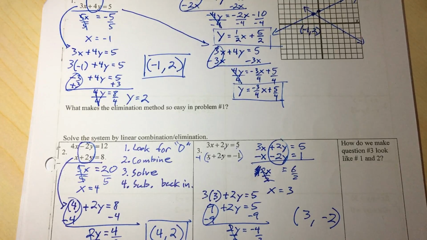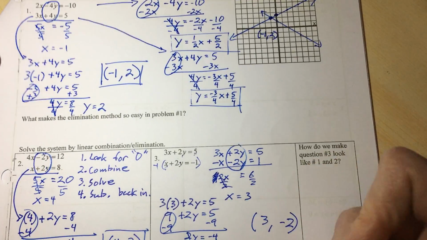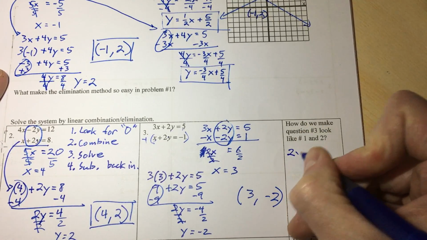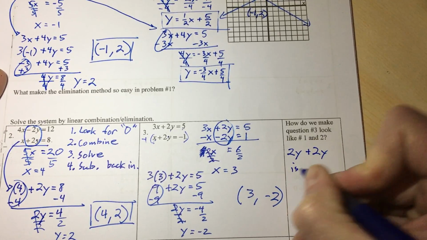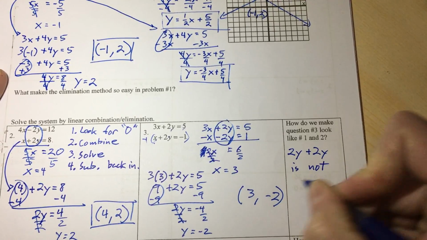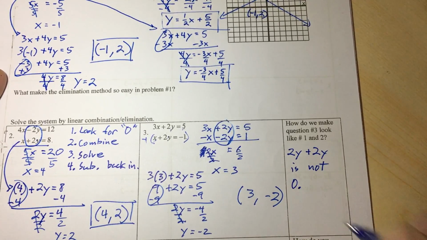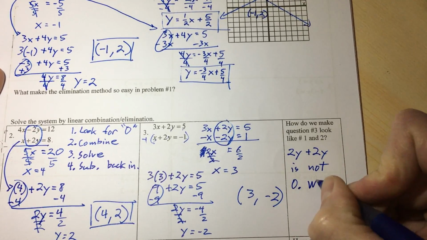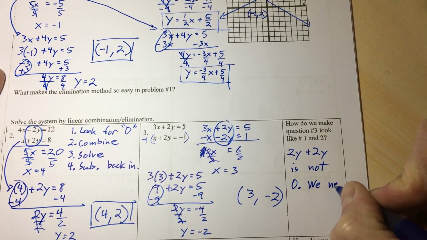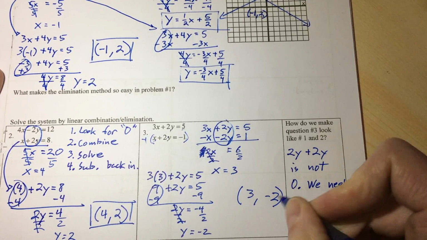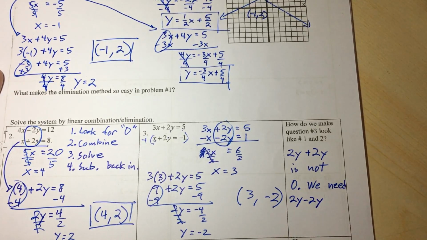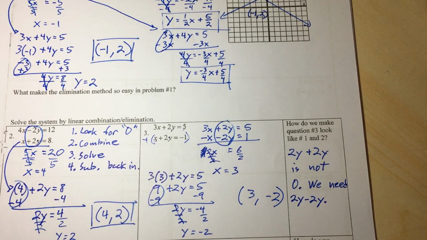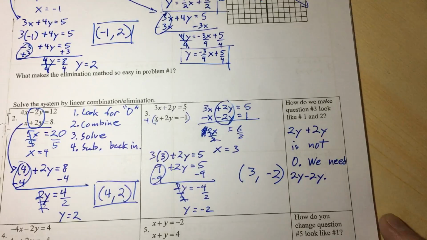Okay, well, the answer is that 2y plus 2y is not 0. Okay, we need 2y minus 2y. And so you have to multiply that entire equation by negative 1.